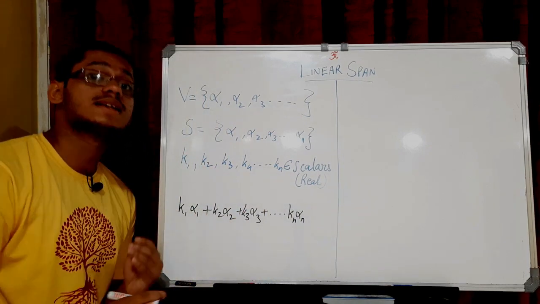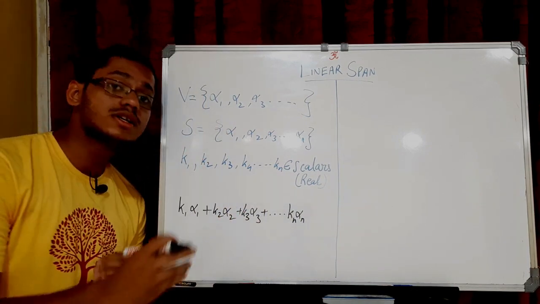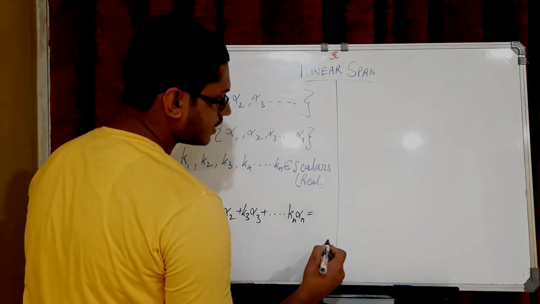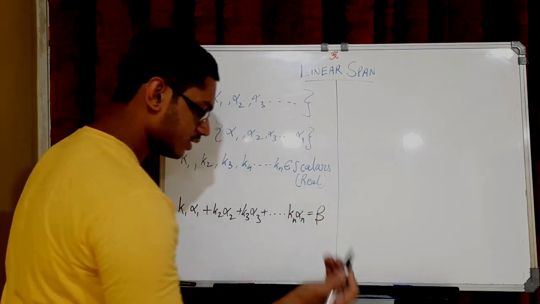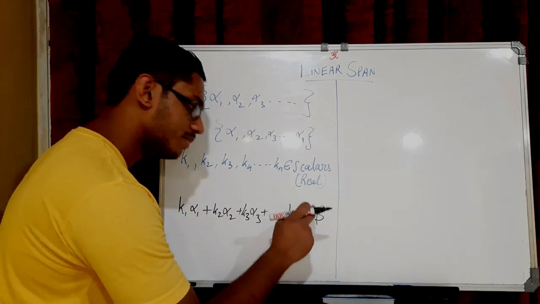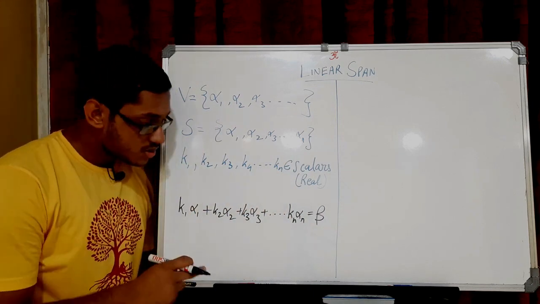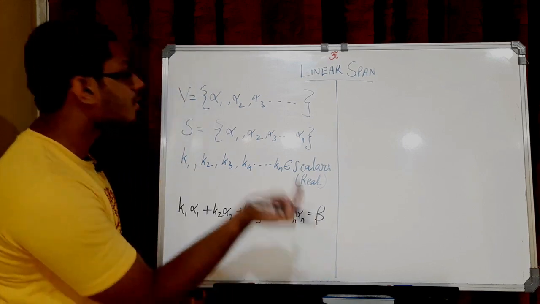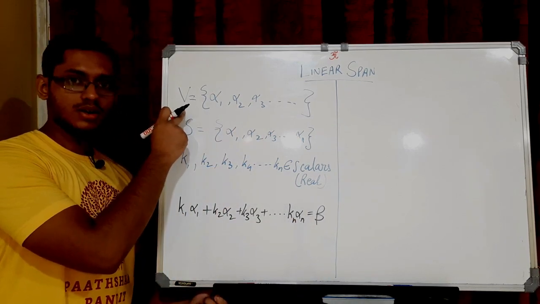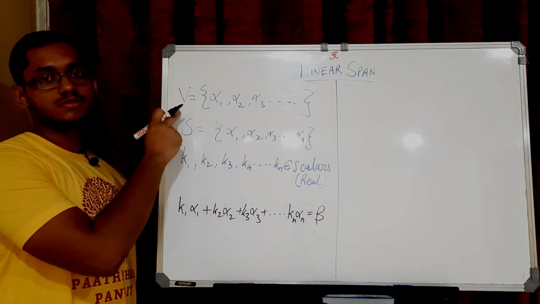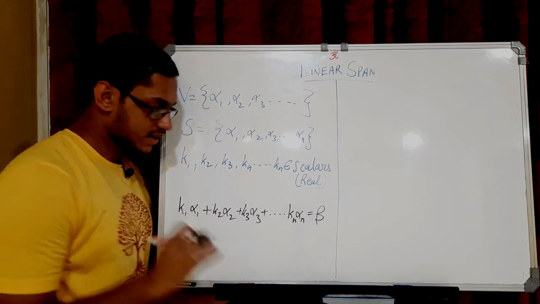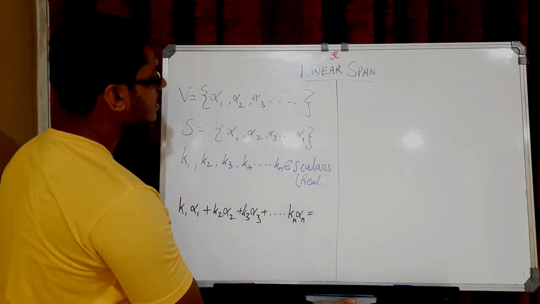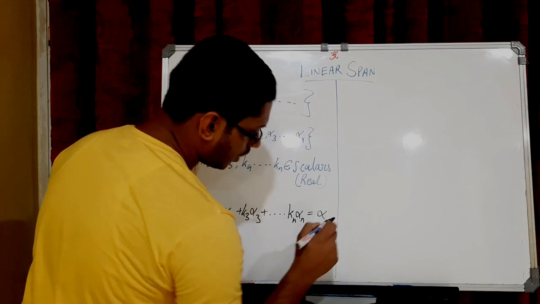Then this thing will also give a result, which is also a vector. Let it be vector beta. This vector beta is also a part of this vector space. So let us name it as alpha only, because here everything is in alpha, to avoid confusion.